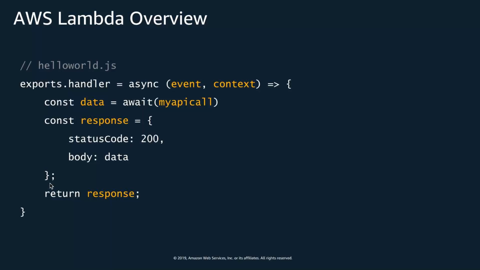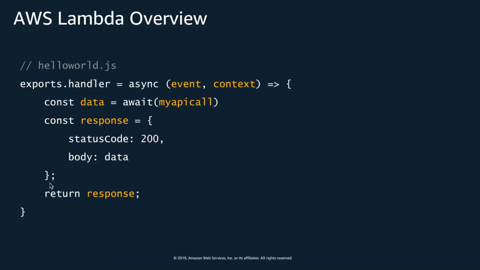And to return data from your Lambda function, what we're using is Node.js 8 and above. And using Node.js 8 and above, you can just simply return a response from your Lambda function. And this is what gets returned to the caller. So what we're looking at here is an example where we might have a Lambda function that calls another API. So here we have an async function. So we're able to say async and then await.